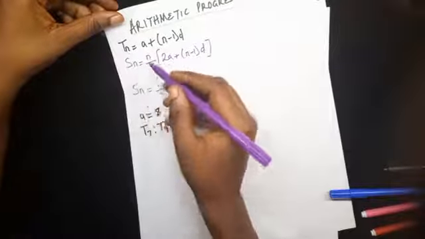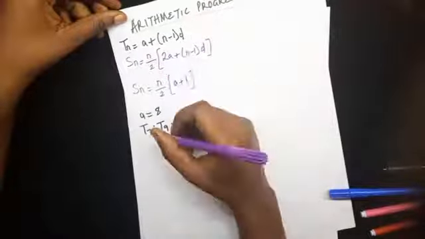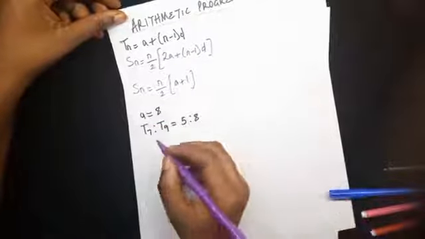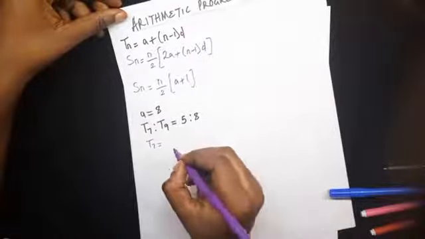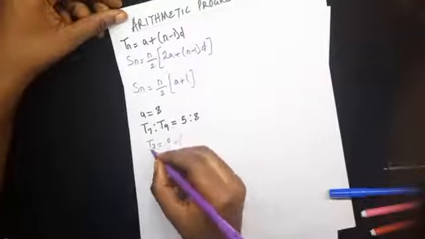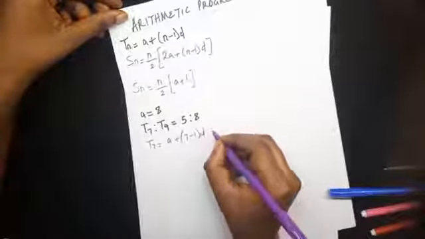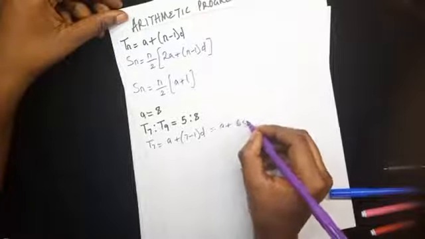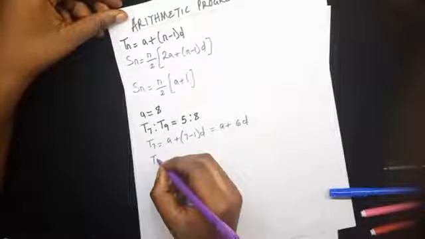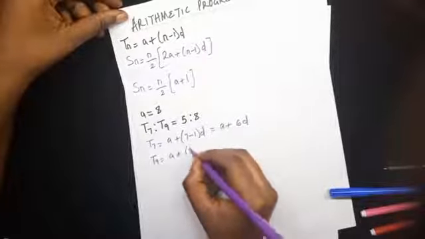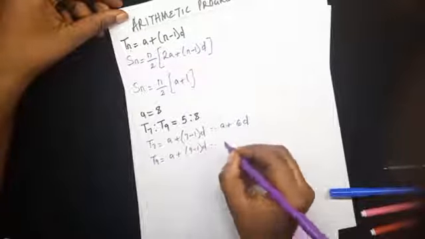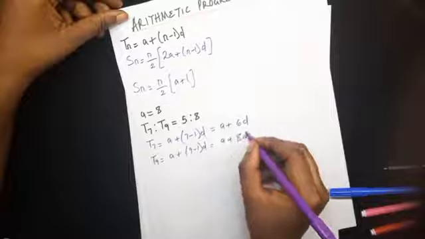Now remember, Tn equals a + (n - 1)d. I can go ahead to look for a formula for T7 by saying T7 equals a + (7 - 1)d, which equals a + 6d. And T9 equals a + (9 - 1)d, which equals a + 8d.